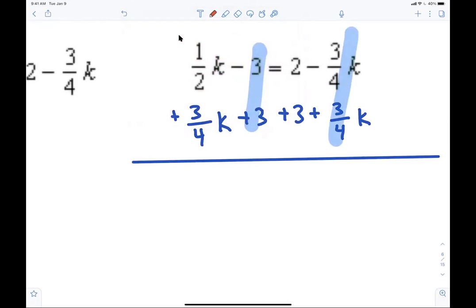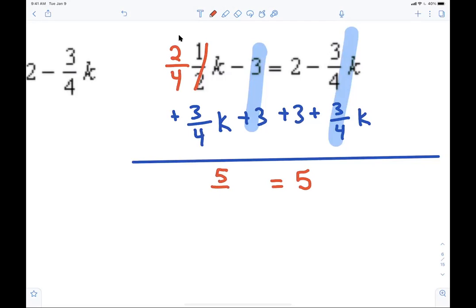And again, obviously, 2 plus 3 is what? 5. Now I have 1/2 plus 3/4. Because 1/2 is the same as what? 2/4. 2/4, thank you. And 2/4 plus 3/4 is?